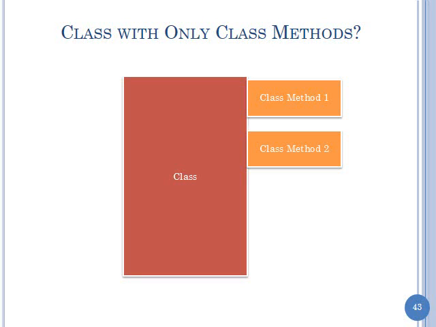There's a lot of things I'm trying to do and I lost track. So now can you figure out a class with only class methods and no instance variables? Would that make sense?